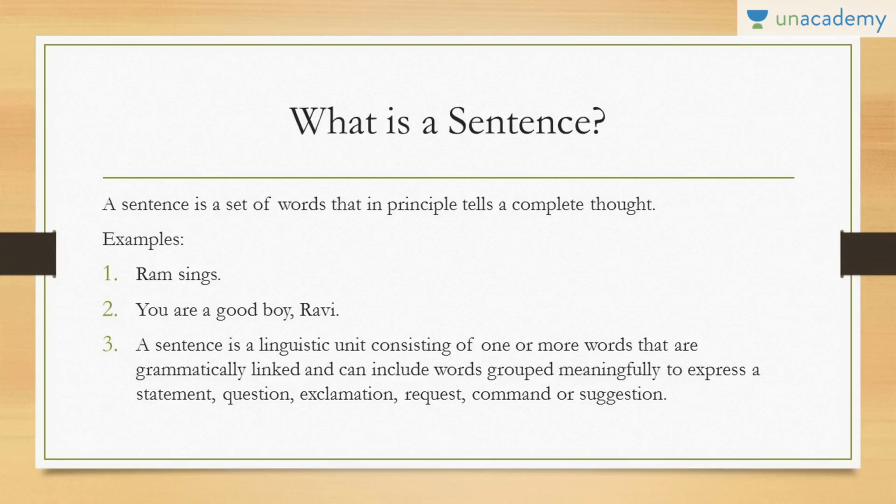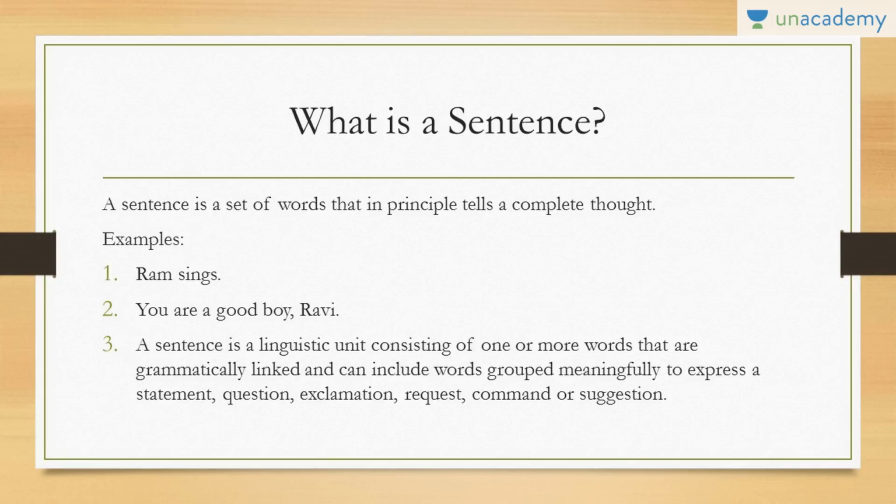Now, a sentence can be 2 words long, it can be 20 words long, it can be of any length, right? So "Ram sings" gives me a complete message that Ram is singing, Ram can sing. So it can be as short as "Ram sings"; "You're a good boy, Ravi" is also a complete sentence.